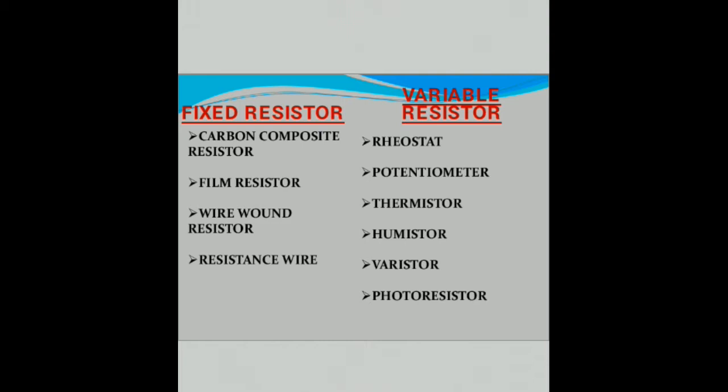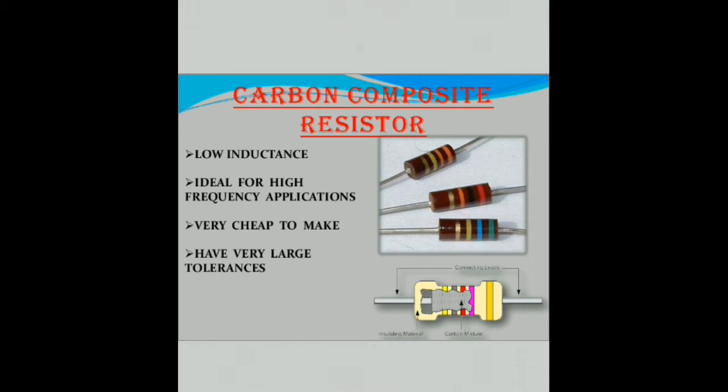The fixed resistors are carbon composite resistors, film resistors, wire wound resistors, and resistance wires. The variable resistors are rheostat, potentiometer, thermistor, humistor, varistor, and photoresistors. At first we are discussing the types of fixed resistor, after that the variable resistor. First, the carbon composite resistor.